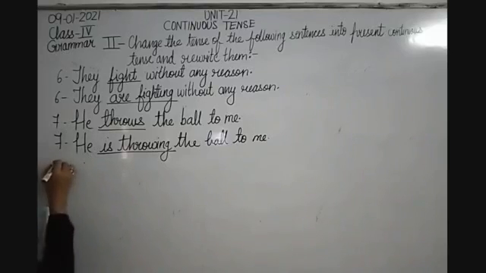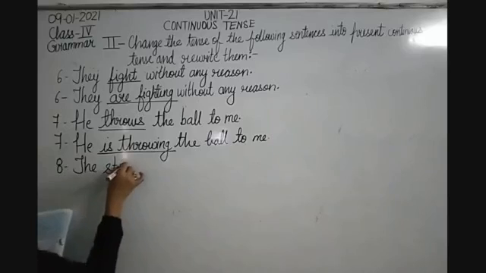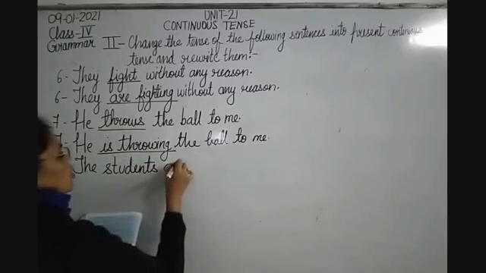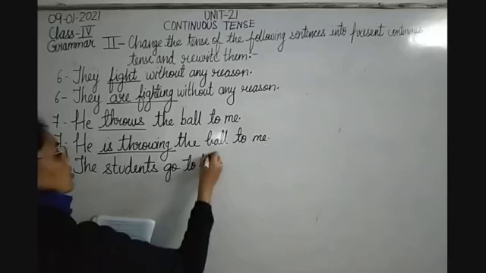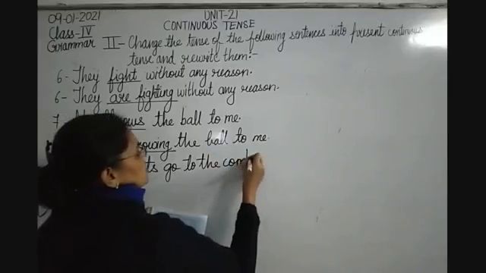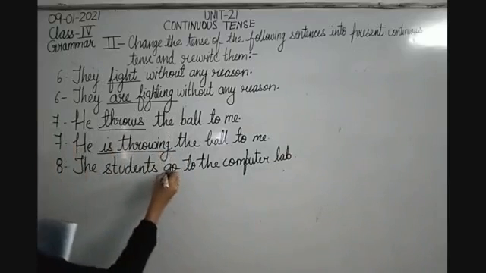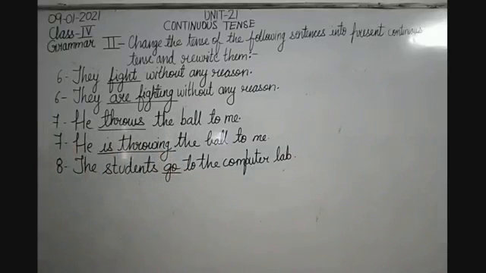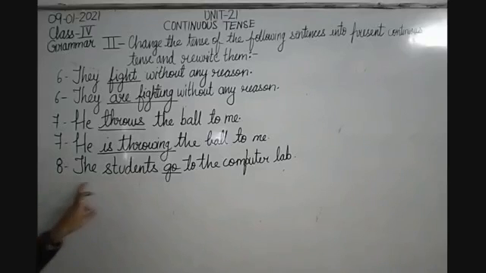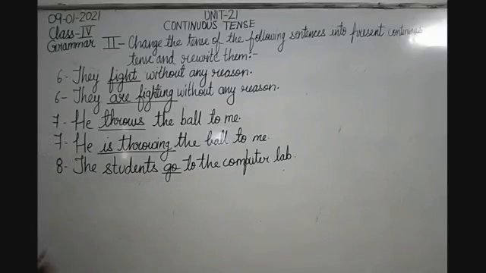Now the 8th one. The students go to the computer lab. Now, the verb in this sentence is go. The ing form of go is going. The helping verb depends on the subject, the students. That means plural. So for a plural noun, what will we use?